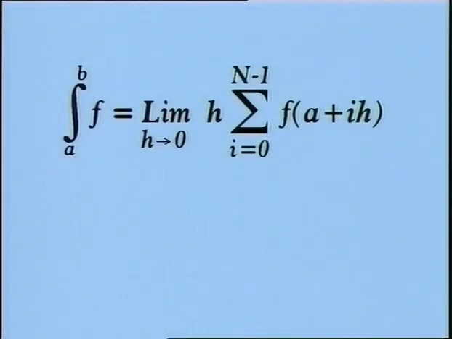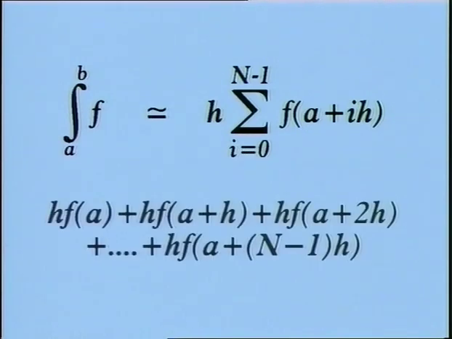We said that the definite integral of little f from a to b is equal to this expression in the limit as h tends to 0. But let's ignore the limit part for the moment. This finite sum is an approximation to the definite integral. It can be rewritten as the sum of h f at a, h f at a plus h, h f at a plus 2h, and so on, up to h f at a plus n minus 1 times h.